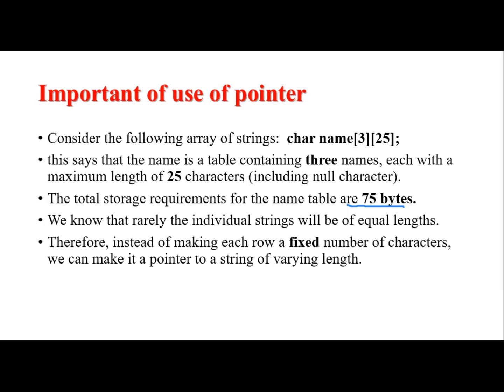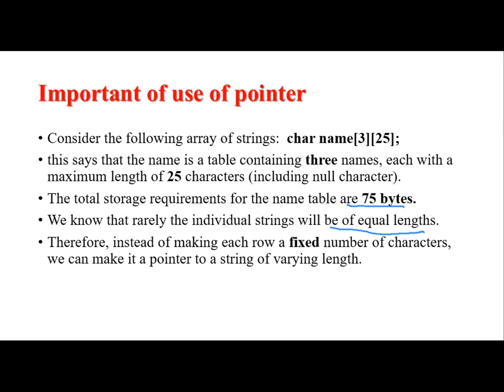We know that rarely will the individual strings be of equal length. That is true, right? All names cannot be the same size. Pema must be longer than Om, right? The number of characters in terms of string must be more than Om or Pem.